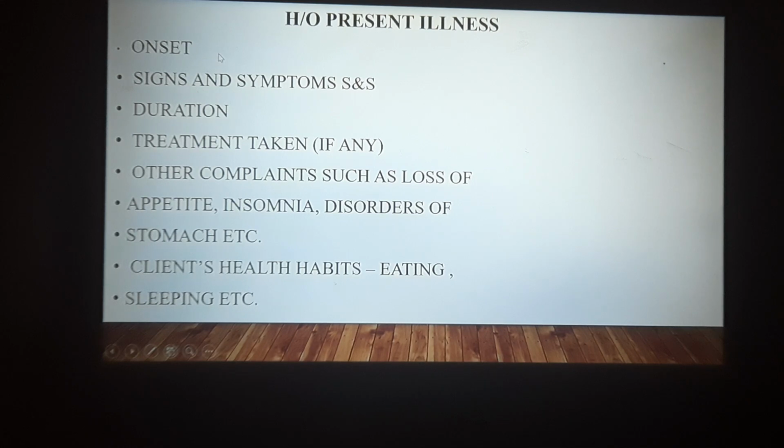Okay, and then signs and symptoms. So what all the signs and symptoms are present in a client. Then duration, like has it been 2 days or 1 week or 3 days? What is the duration of the present illness? Whatever the person or the client is suffering, from when?